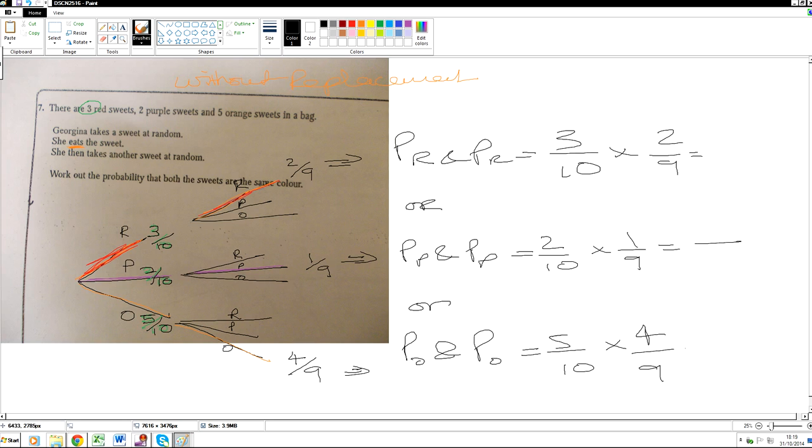Let's start working these out now, please, folks. So that'll give you 6 over 90, 2 over 90, and 20 over 90.